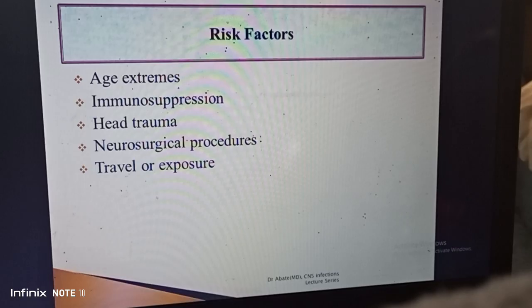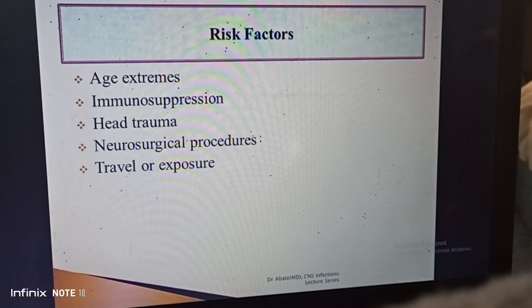In old age, in pediatrics, as we mentioned previously, and also immunocompromised individuals, they are at higher risk of having meningitis from any kind of etiology. It could be bacterial or viral. It could also be parasitic or TB meningitis. In extreme ages, the meningitis epidemiology is very high.